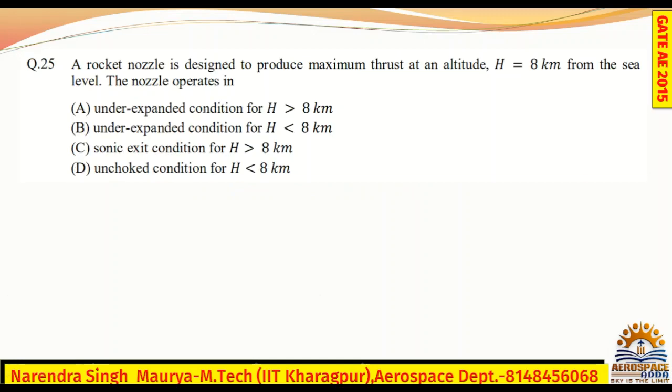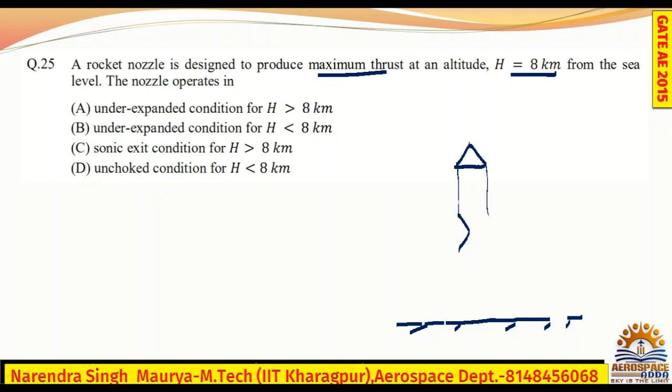Now, next problem. Here in this problem, a rocket nozzle is designed to produce maximum thrust at an altitude h equal to 8 kilometer from the sea level.